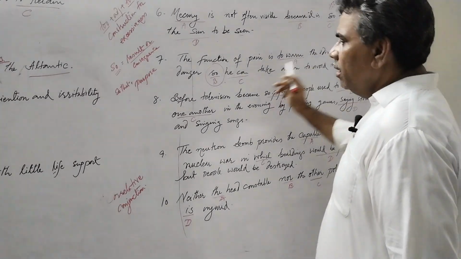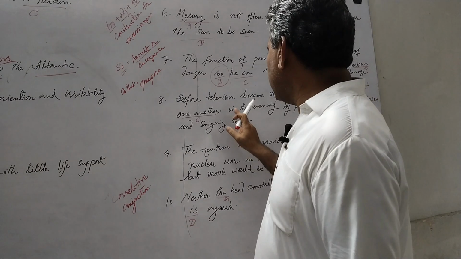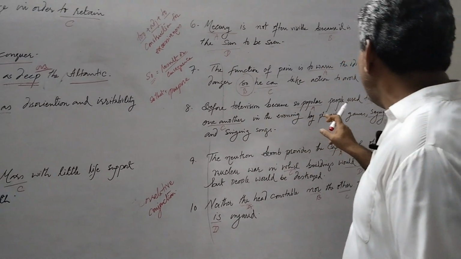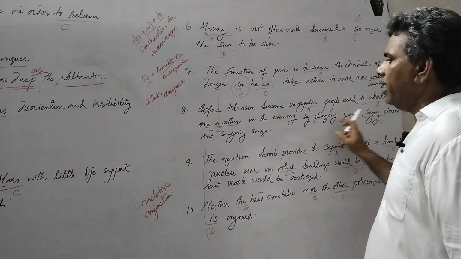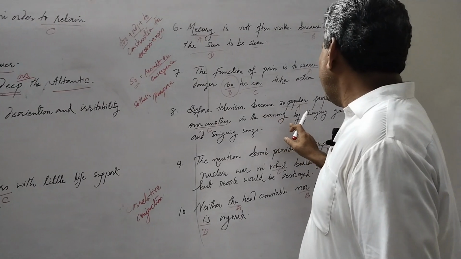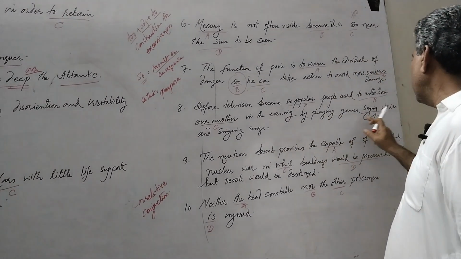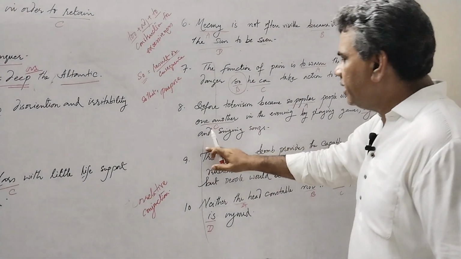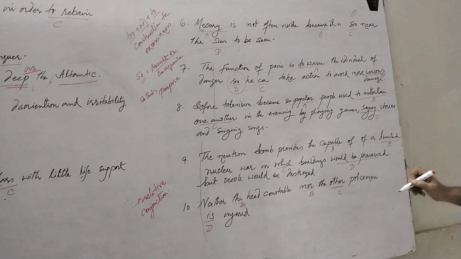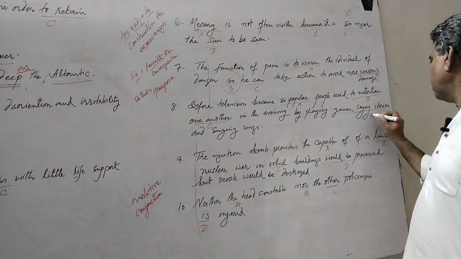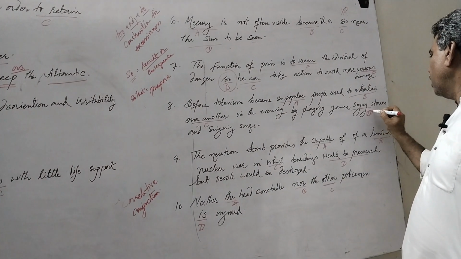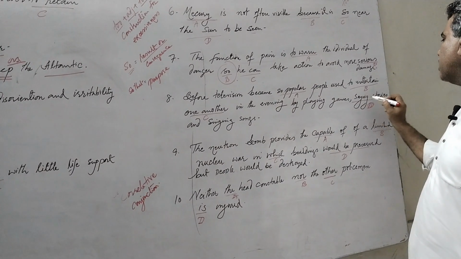The eighth sentence is: Before television became so popular, people used to entertain one another in the evening by playing games, saying stories, and singing songs. We look at D, that here is saying stories.